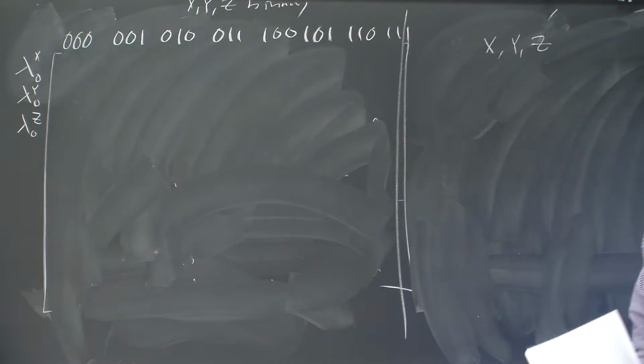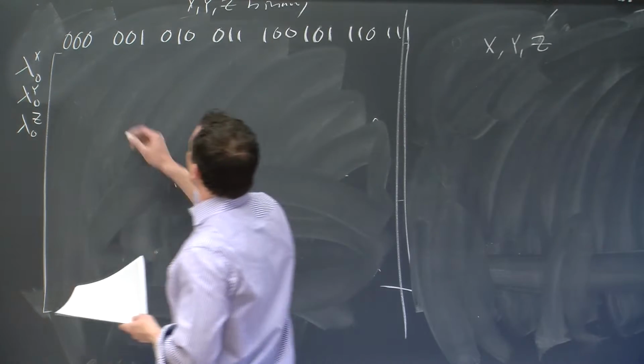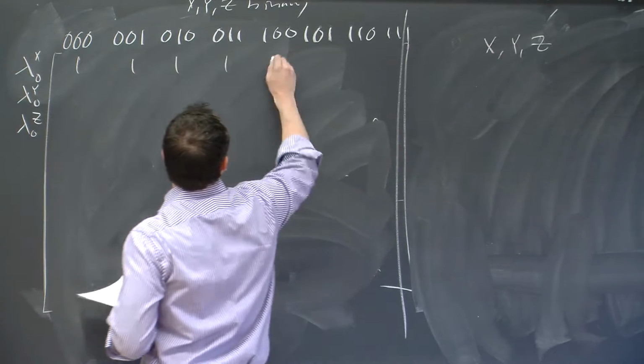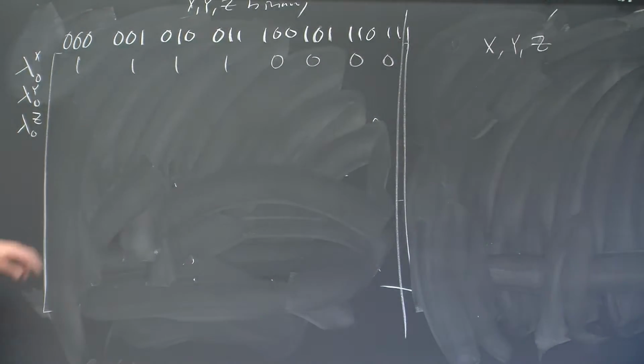You remember what I fill in for those rows? The top row is 1, 1, 1, 1, 0, 0, 0, 0. And that's just because at each of these, x is equal to 0. And this is the parameter that's associated to x equals 0.